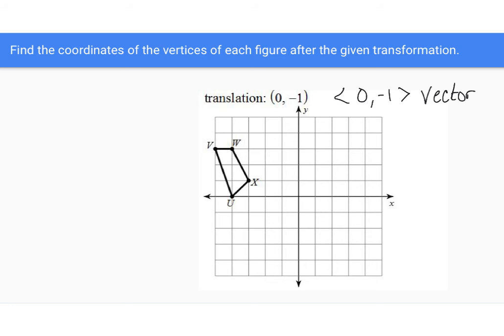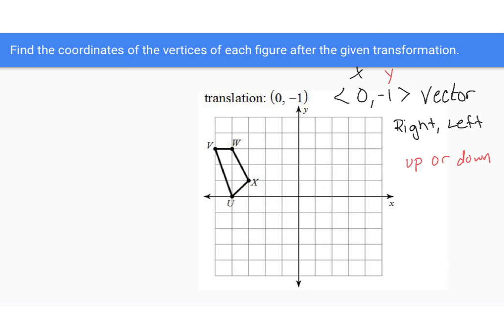We're sliding that image, so we're telling you how much it is sliding up or down, how much it is sliding to the left or to the right. The first number still represents x, so it's telling me that I'm not moving my x because my x is at 0, and that represents right and left. I am not moving my image left or right. My second number represents my y, and my y represents up or down.